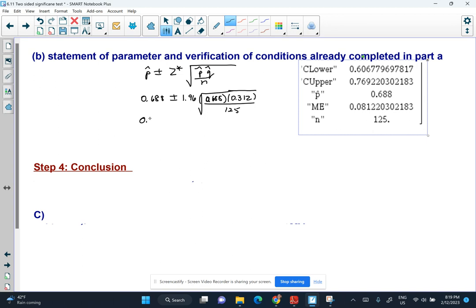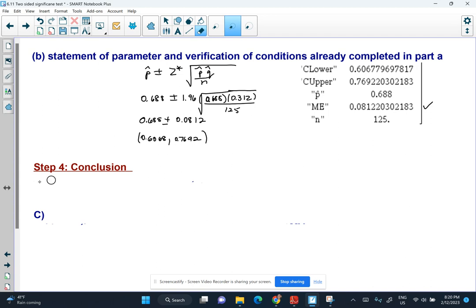So the next thing you want to write down is the statistic plus or minus the margin of error. Well, here's the margin of error. So plus or minus 0.0812. The lower limit is 0.6068 and the higher limit is 0.7692.